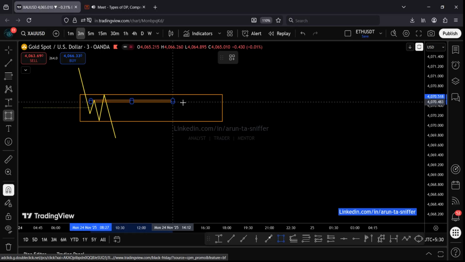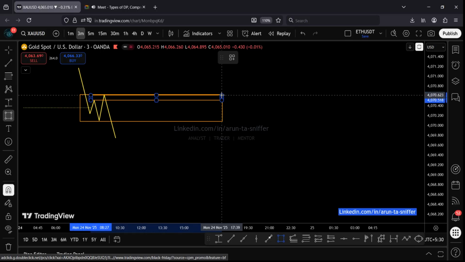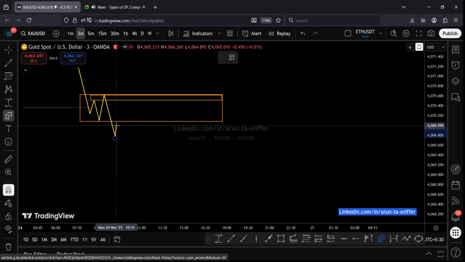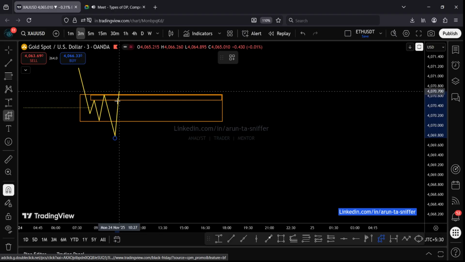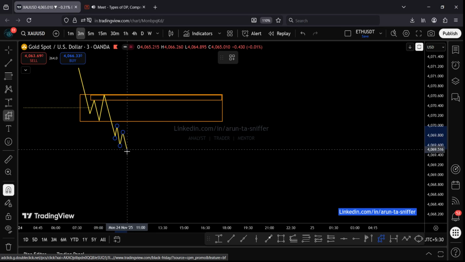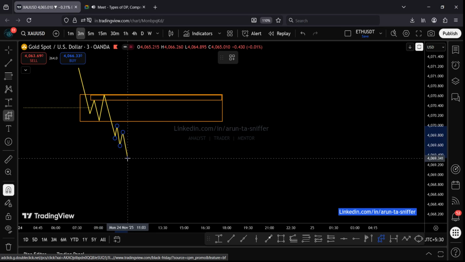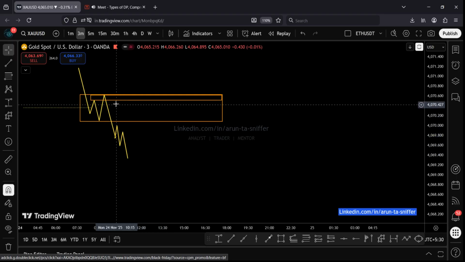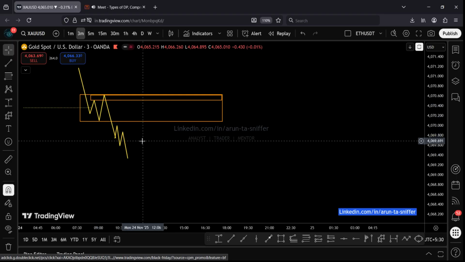If you remember how we find MPL, here is our MPL, right? Price came down, goes up, but could not reach the MPL. It was still here, here, or here, but did not reach the MPL. Came down, goes up, came down, right? So price did not reach the MPL.